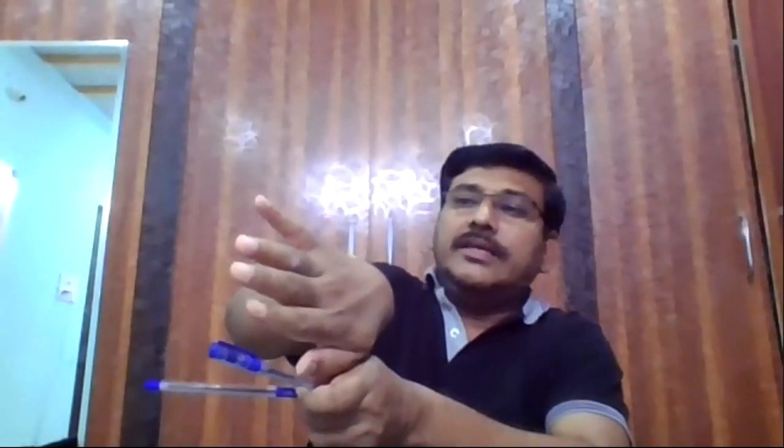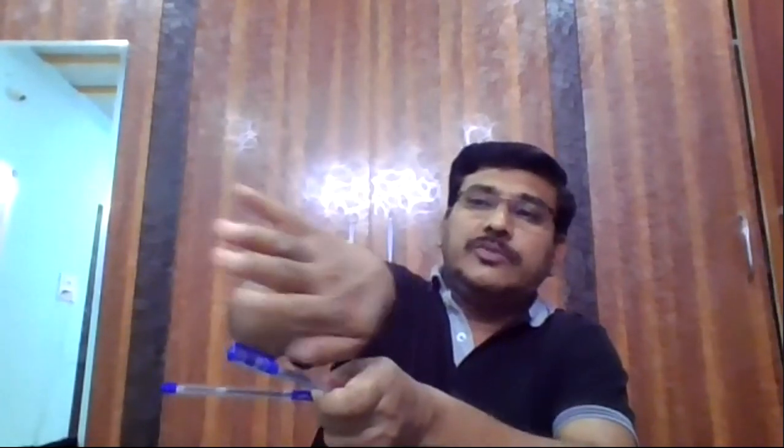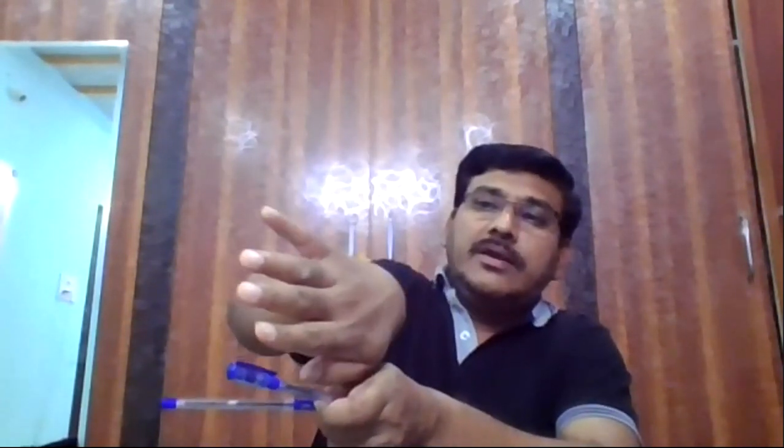Suppose I need B bar cross A bar, then the right hand thumb should start from the origin, the fingers should be extended along B bar and curled towards A bar. That is B bar cross A bar. The thumb shows the downward direction.